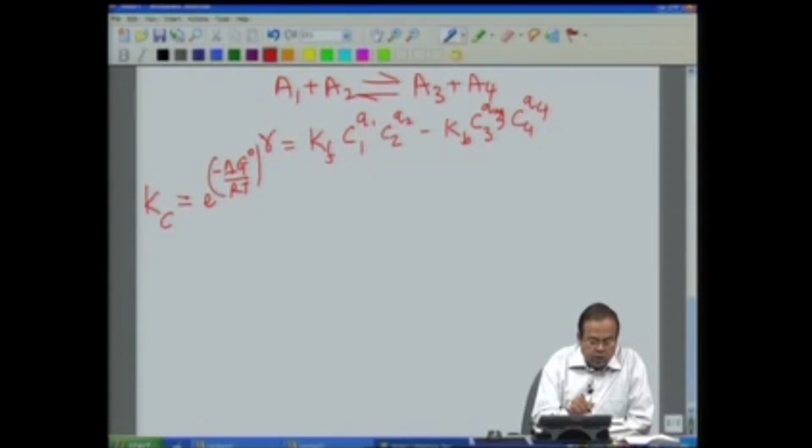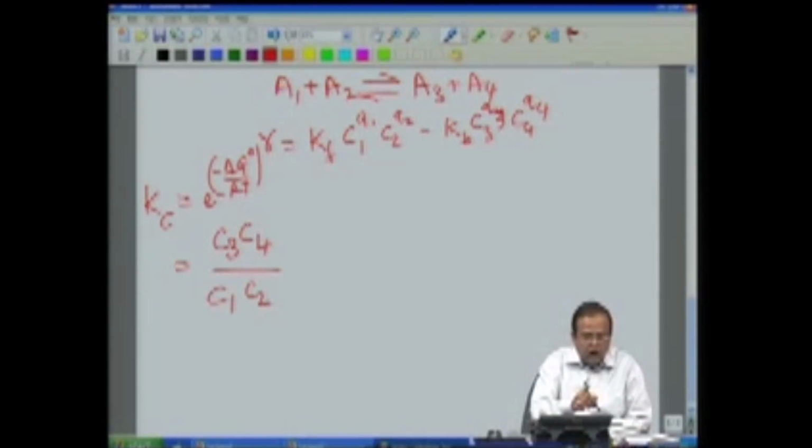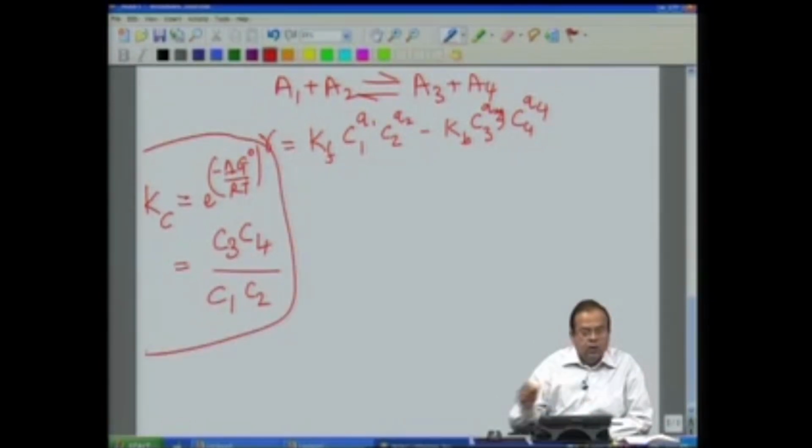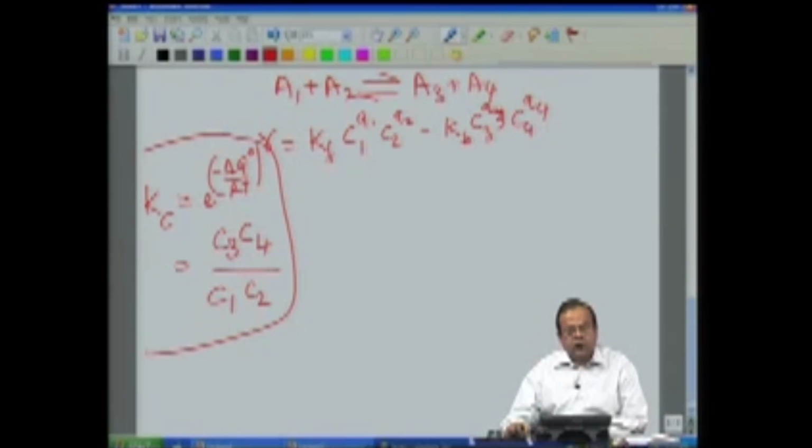Delta G0 is a thermodynamic property. So, given temperature this Kc is fixed, which is nothing but C3 C4 divided by C1 C2. This is my true thermodynamics. This we saw in our last class.